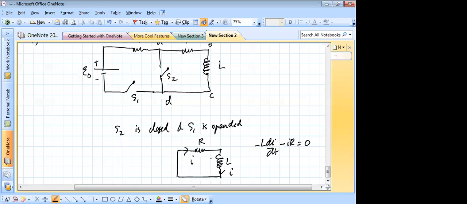So di by dt will be a... so at t equal, so this will give us what? This will give us that kind of relation that I is equal to I naught e raised power minus t by tau, where tau will be L by R. Understood, Narman?